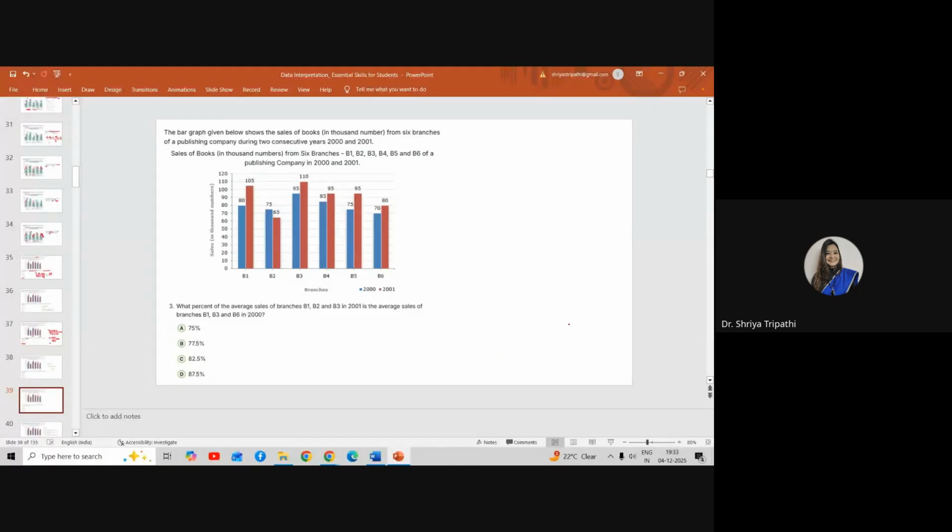What percentage of average sales of branches 1, 3, 6 in 2001, which is in red.